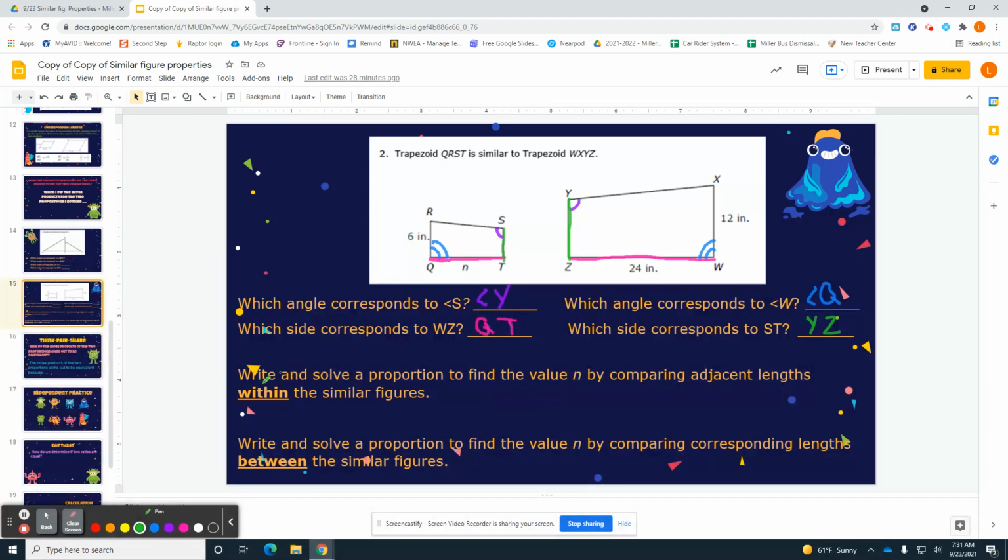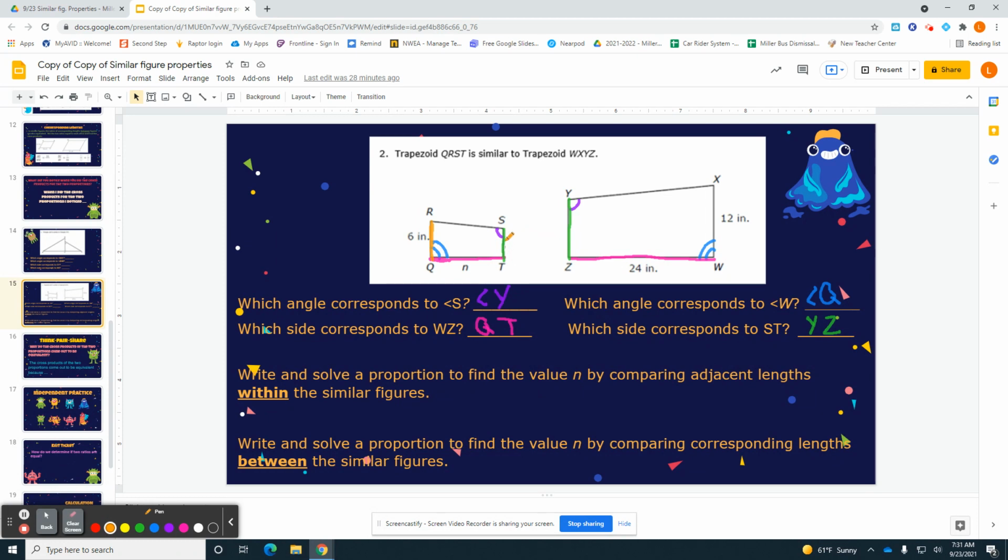So now our next part says: write and solve a proportion to find the value n by comparing adjacent lengths within the similar figure. Remember, for this one, we're finding adjacent lengths. I need to use the sides that have actual information.